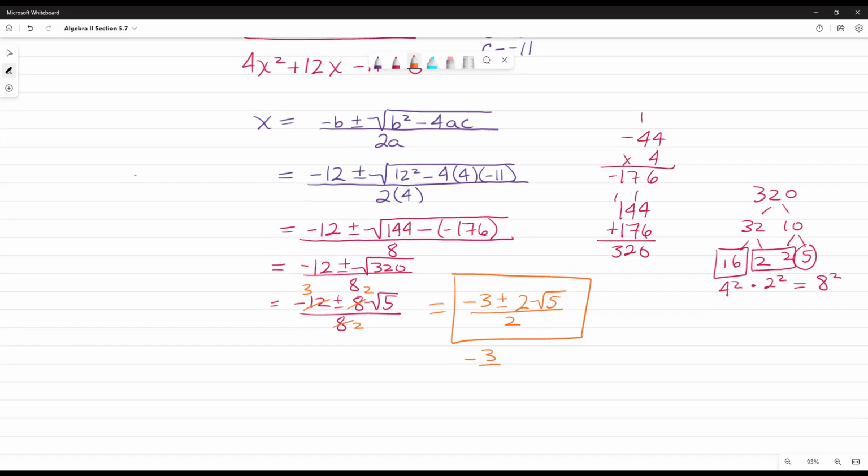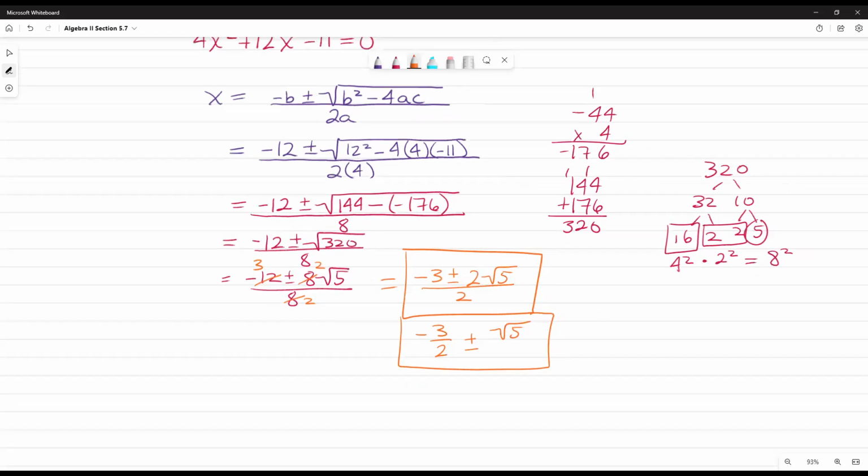So it's negative 3/2 plus or minus, and if I have 2 square root of 5 over 2, these cancel. So it's negative 3/2 plus or minus square root of 5. That does simplify it even more, but if I'm going to have a fraction, I like the whole thing to be over 2.